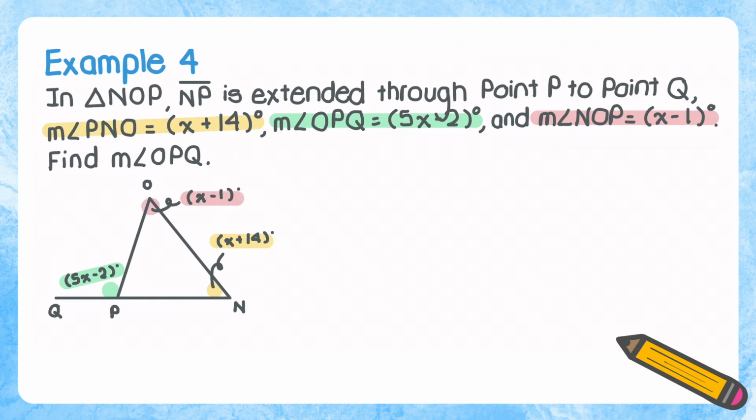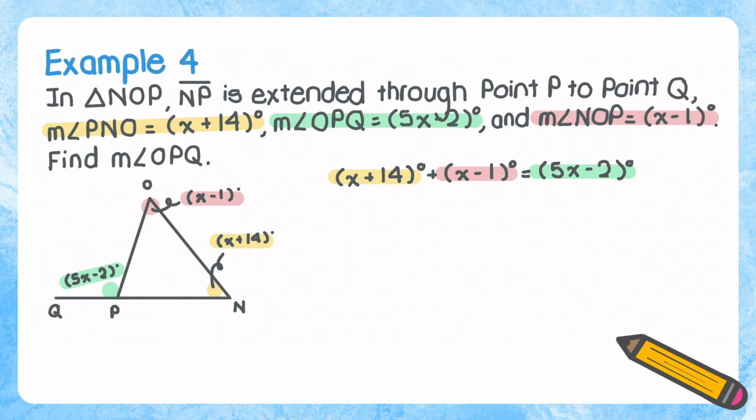So from here, let's set up an equation. We know that the sum of the remote interior angles, so x plus 14 degrees plus x minus 1 degrees, equals the measure of the exterior angle, 5x minus 2 degrees.